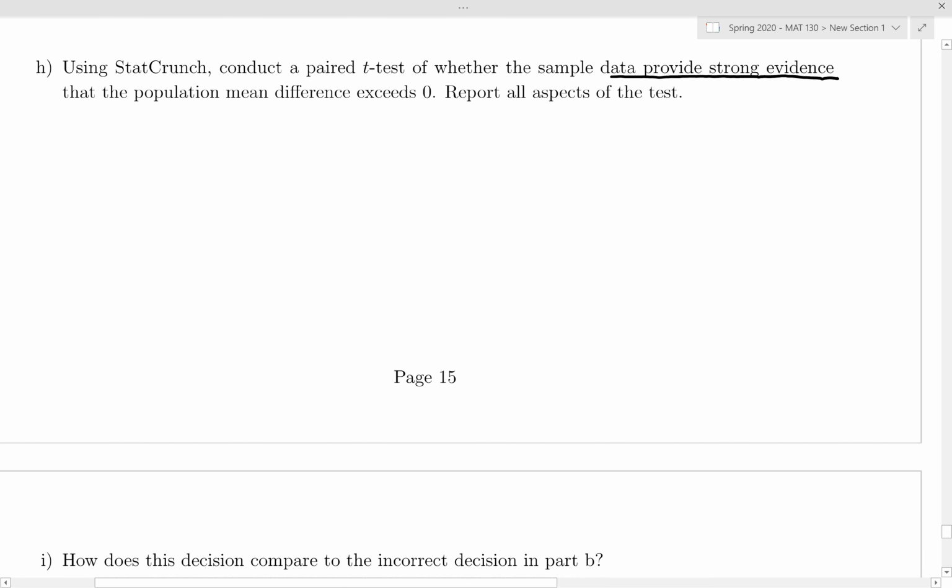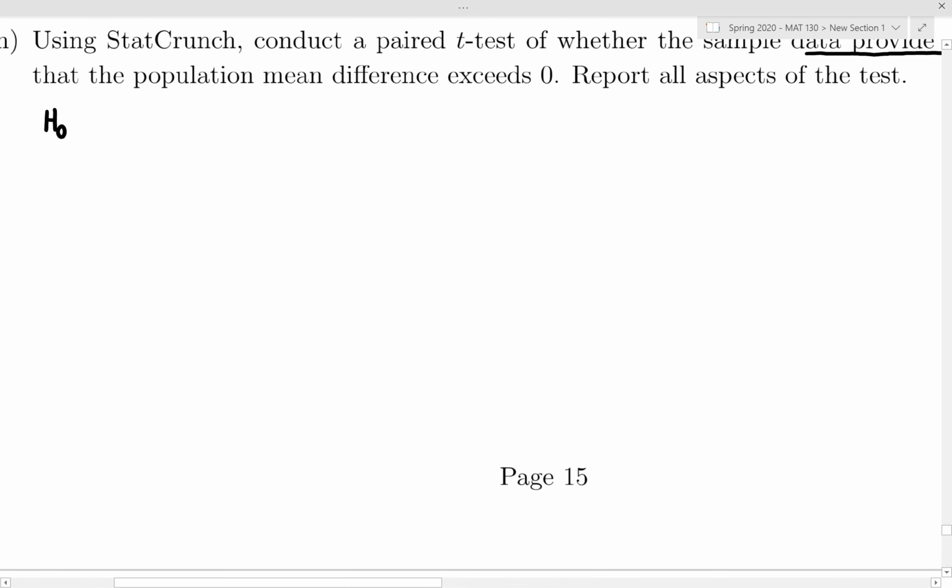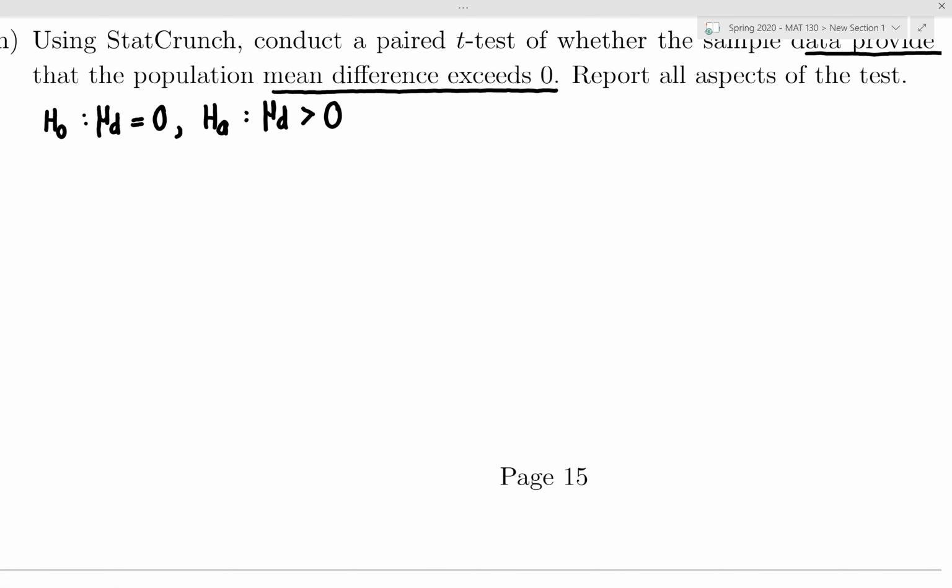But let's now come up with the null hypothesis and the alternative hypothesis. Since we're trying to show that the population mean difference exceeds 0, our null hypothesis is that the population mean difference is 0. So the population mean difference in ages between husbands and their wives is 0. And our alternative hypothesis is mu d is positive. Or in other words, the population mean difference in ages between husbands and their wives is positive.